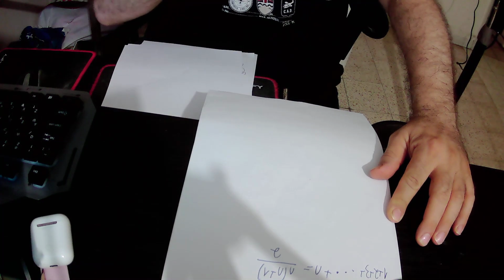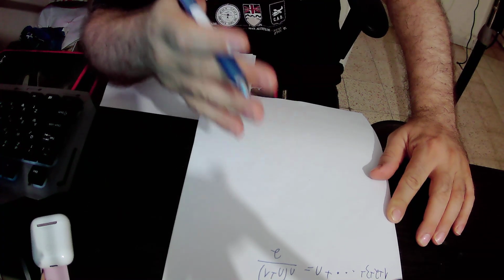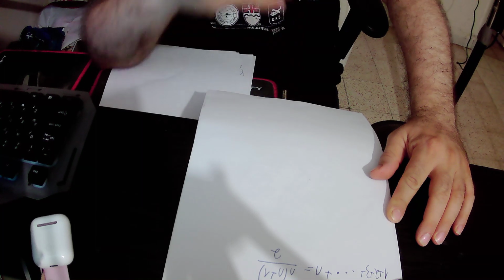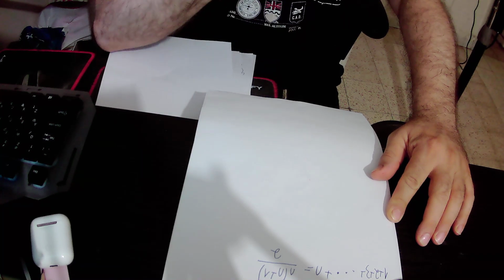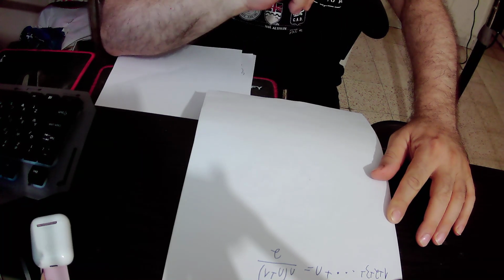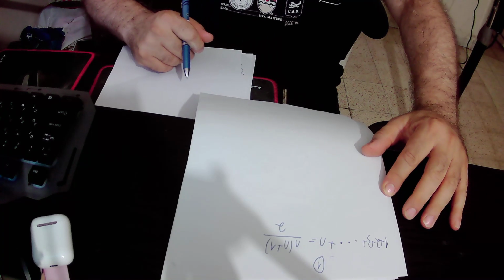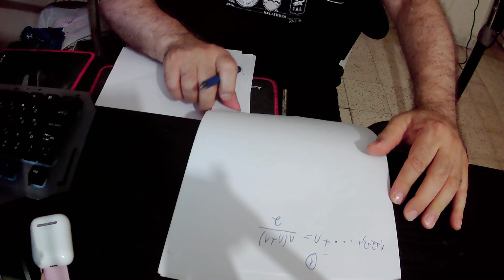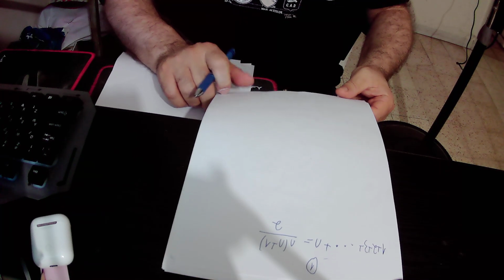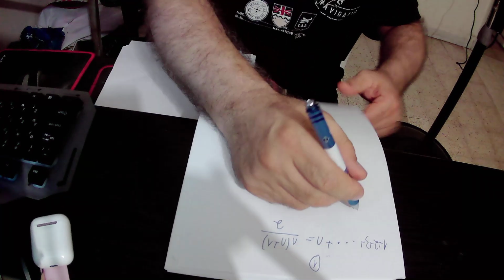So we must prove this statement or equation or claim for all the natural numbers. So we will start with the first stage.